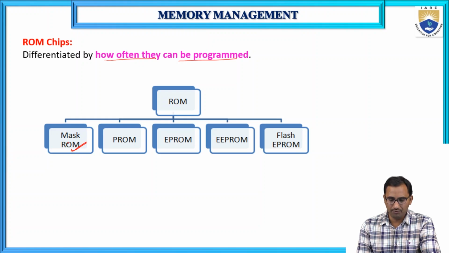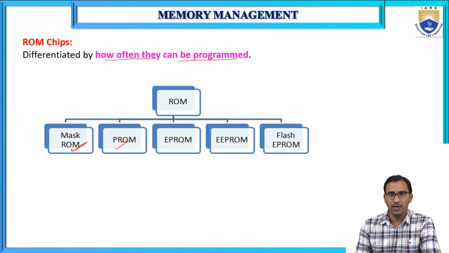Examples of masked ROMs are the memory devices in home appliances like a microwave oven, refrigerator, and air conditioner. There is a memory inside these devices, so the program required to operate the device is loaded by the manufacturer. Once the manufacturer has loaded it, as a user we cannot modify the program.